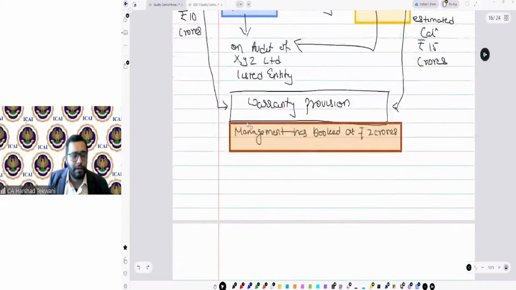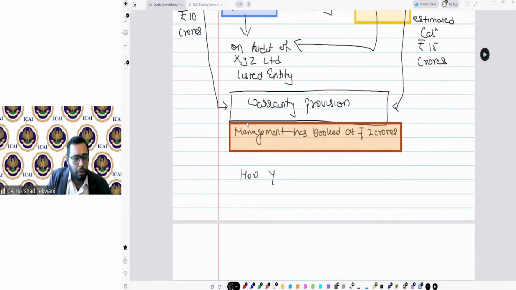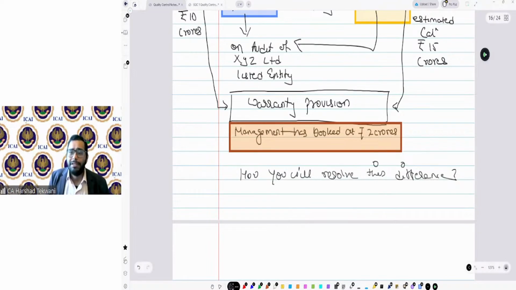How will you resolve this difference? What steps will you take to resolve the difference of opinion?